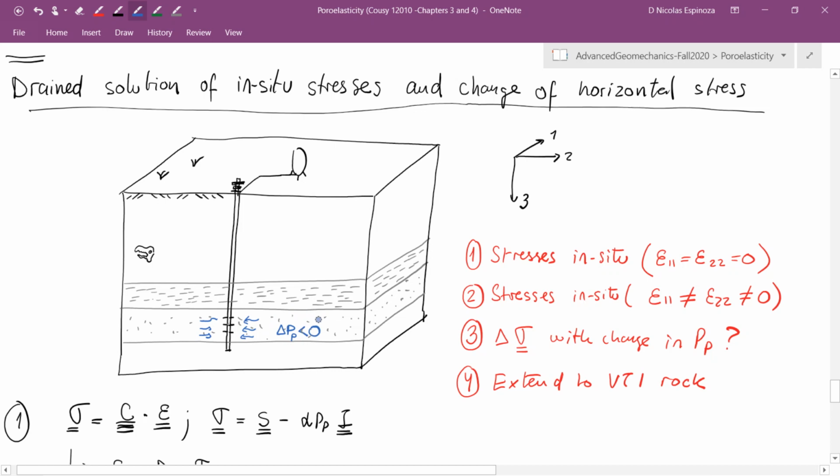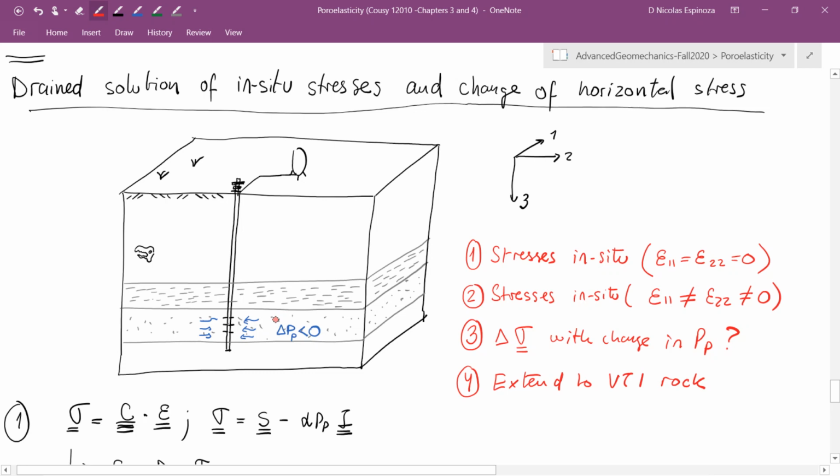As a result of lowering the pore pressure, what we might expect is that the effective stress is also going to change. But how much? That's a question. And before answering that, let me answer first what's going to happen with the overburden. If I change the pore pressure in this formation, would the overburden change?